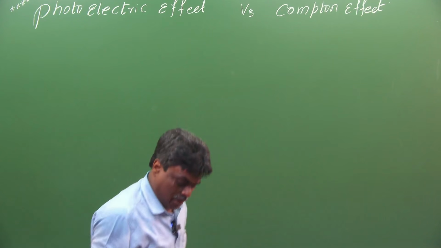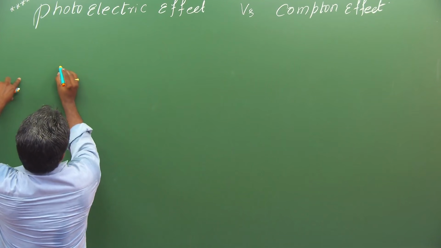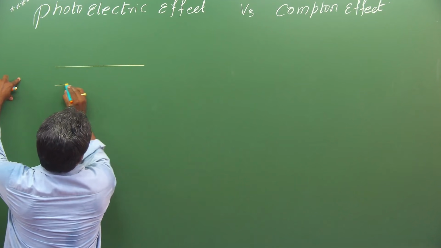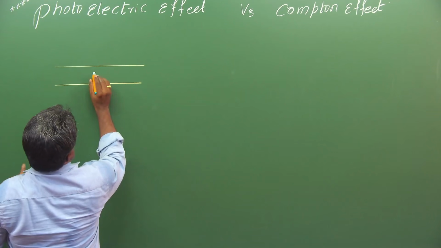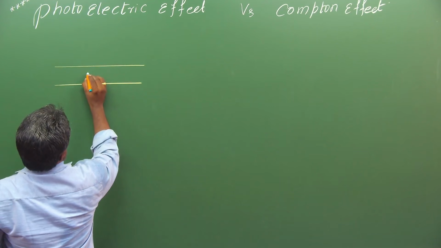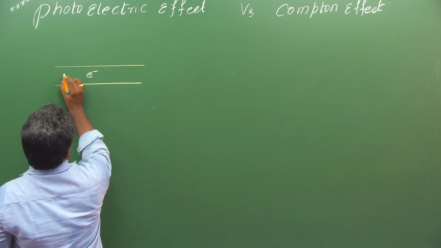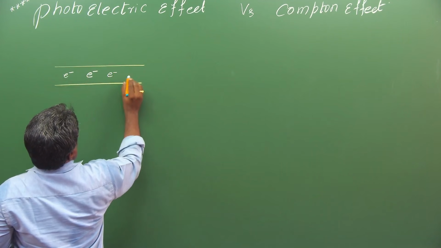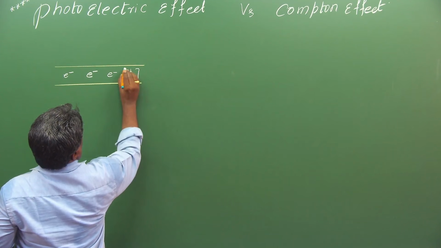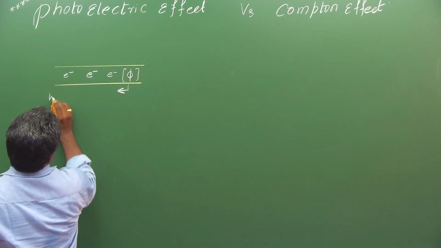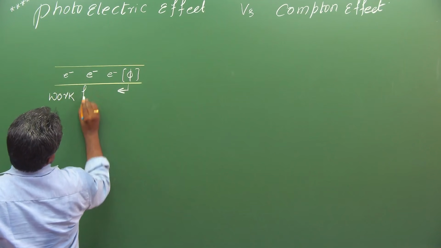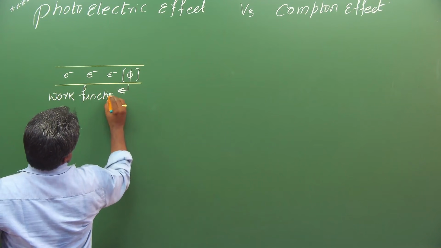Good. Now listen. Here I have a metal plate. Listen carefully, please. Here we have an electron. So many electrons are there. And this metal plate has a work function. This is called work function.